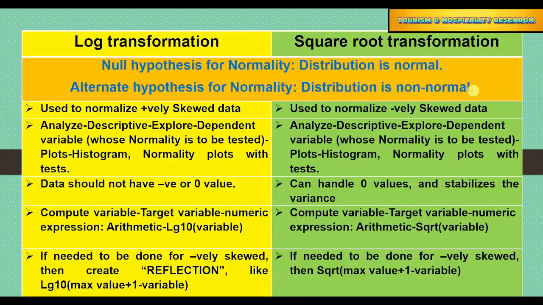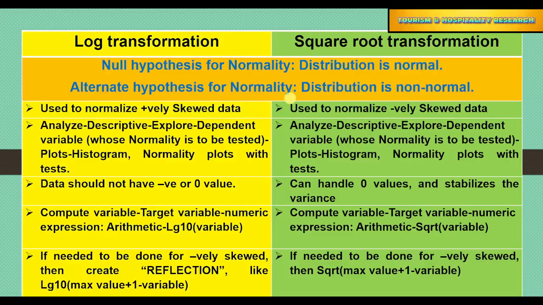So if the p-value is less than 0.05, I reject the null hypothesis and I say that distribution is not normal, right? But that is the reason when we do the KS, Kolmogorov-Smirnov test, or the Shapiro-Wilk test, we want the p-value to be non-significant, that is greater than 0.05, in order to signify the normality of data.